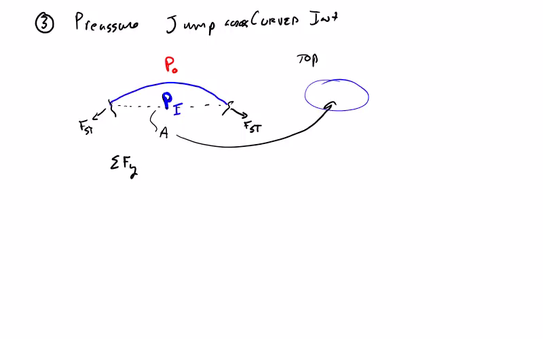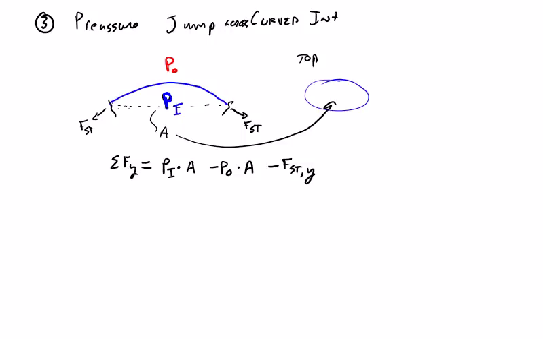So if I said, what's the sum of my forces in the y? Well, it's Pi times that area minus P0 times that area minus the force of surface tension in the y. Now, why do I know there's a force of surface tension in the y? It's because I have this contact line here.